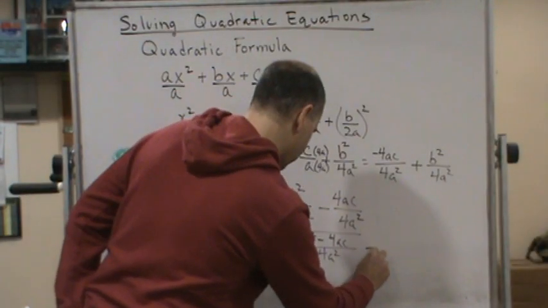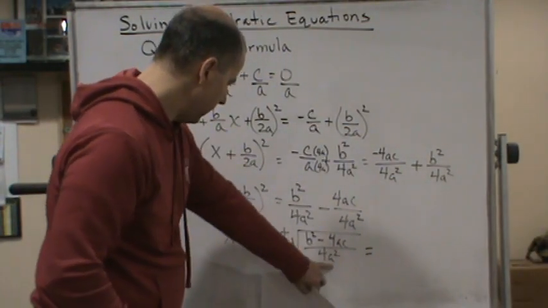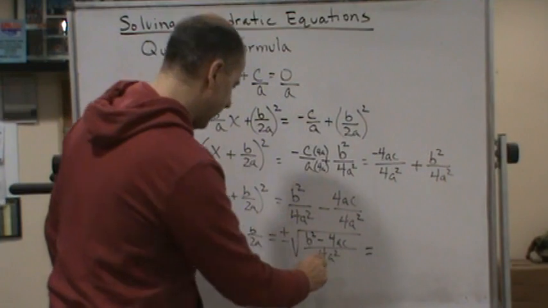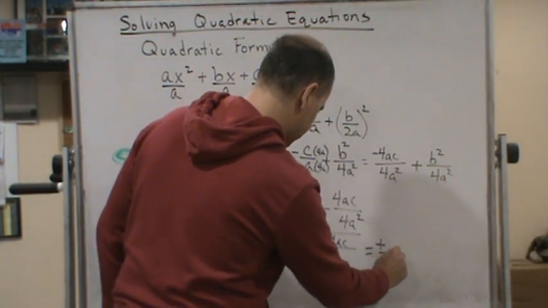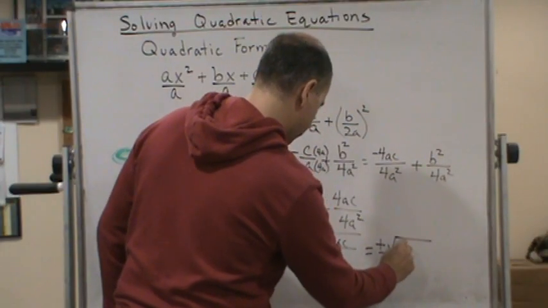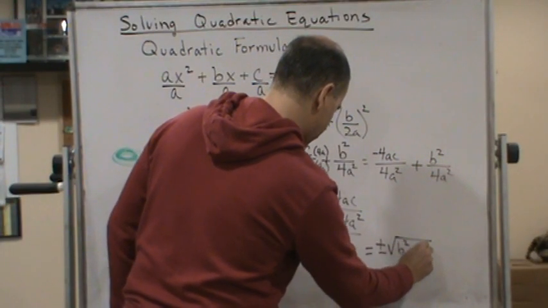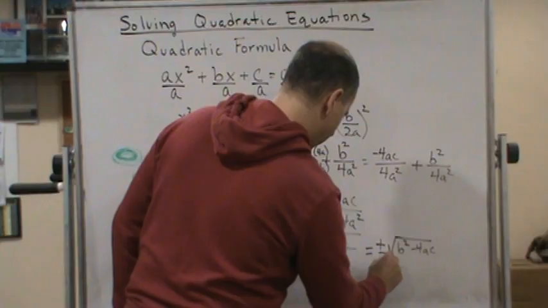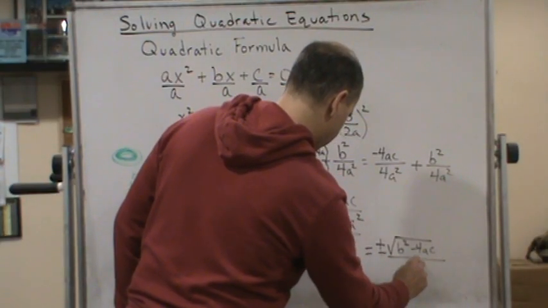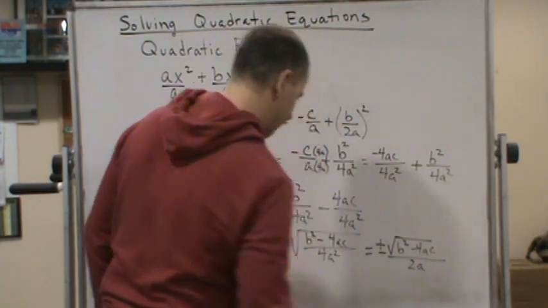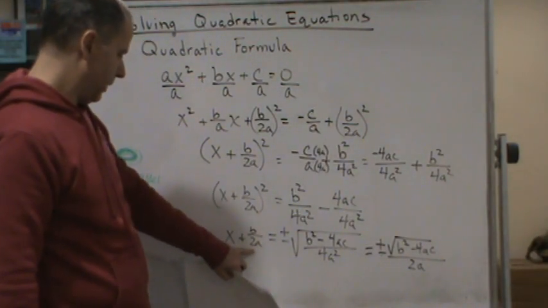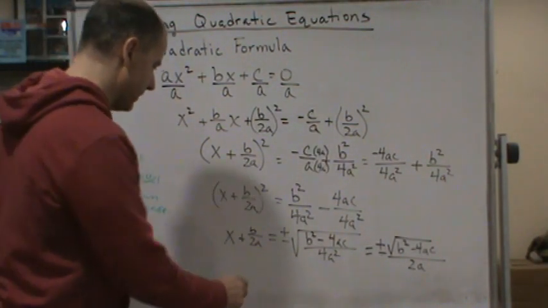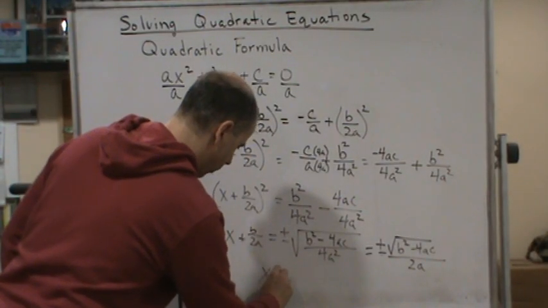Now, the bottom is a perfect square. So I can take the square root of that, so that'll give me plus or minus the square root of b squared minus 4ac all over 2a. Now all I have to do is subtract b over 2a from both sides, and I've got the quadratic formula.